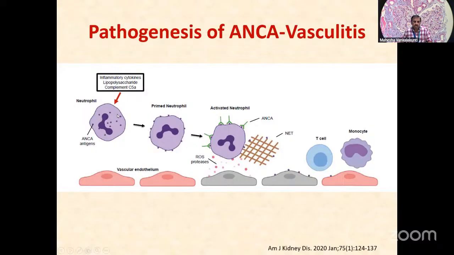They are very well placed in the cytoplasm, but however, when there is an inciting agent, these granules are moved towards the cell membrane, and these are primed because of the inciting agents, and the ANCA antibodies bind to these activated neutrophils, which then release the reactive oxygen species.